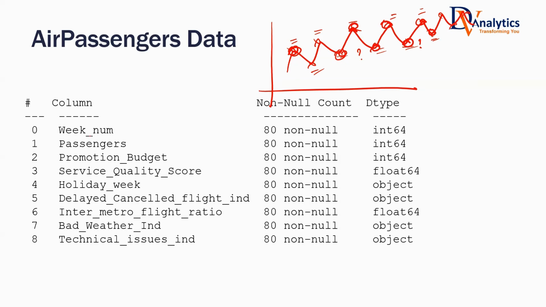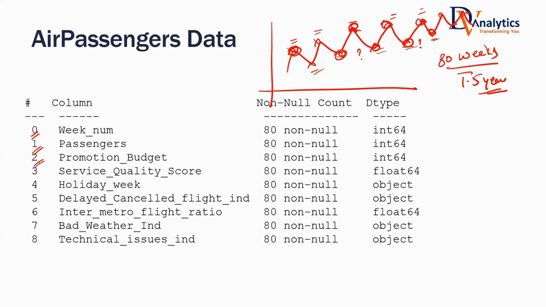This airline company has gathered around 80 weeks of data, nearly 1.5 years of data, and we now have access to that data. In the 80 weeks of data, we have the week number, and the number of passengers who took the flights during that particular week.